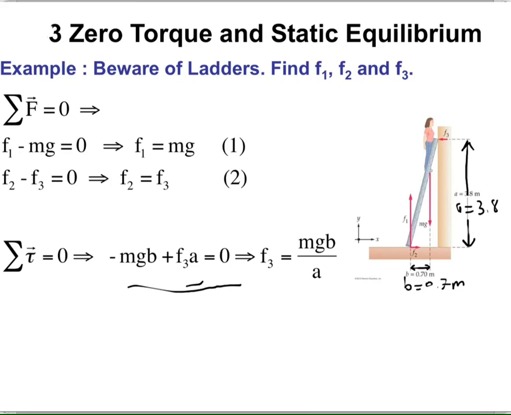We have only one torque equation, okay? In terms of m, g, b, and a, these distances. So F3 must be equal to mg times B divided by A. Since F2 is equal to F3, F2 is also mg B divided by A, and F1 is mg. So you just put the given values in these expressions, and you can get numerical values for F1, F2, and F3. Do you have any questions?